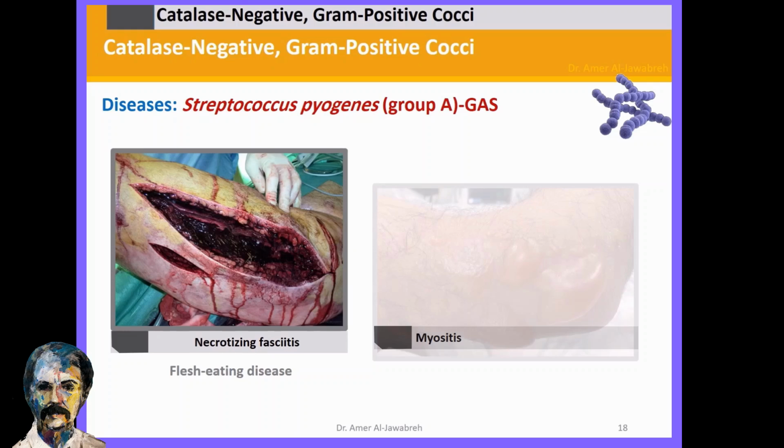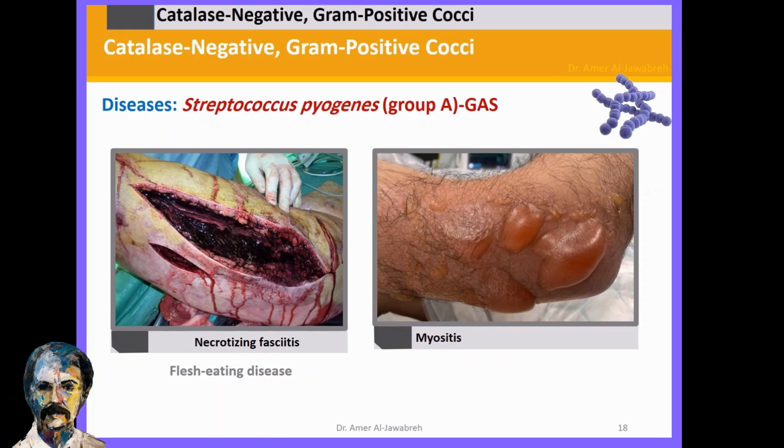After, let's say, in a hospital, they make an operation for you, and in the hospital there is this pyogenes, and this strain in particular is very vicious, very aggressive, and if it infects your wound, this is what happens. It eats the flesh and your wound becomes black, necrotic. This is caused by Streptococcus pyogenes and sometimes even Staph aureus.